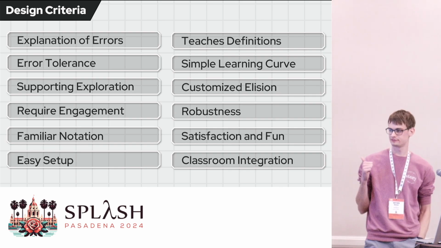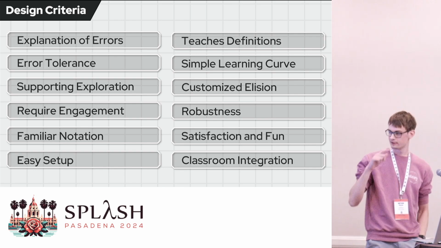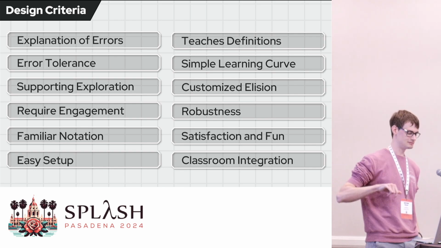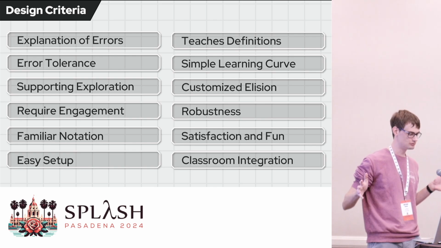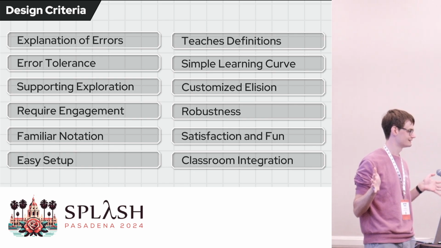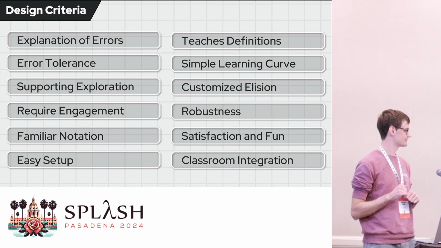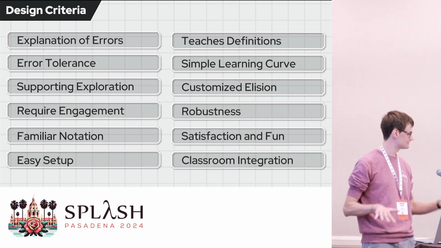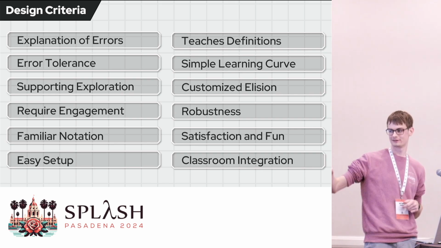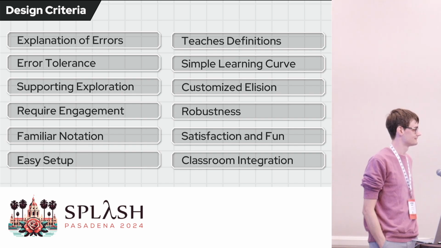So I think the criteria that relate to transfer are probably the most important. And I would say probably familiar notation, because it's a really broad criterion. There's the aspect of what the symbols look like, but also what the proofs look like, and then all sorts of different domains where the notation might look different. So I think there's a lot of work to be done, and familiar notation is probably the most important. Cool.